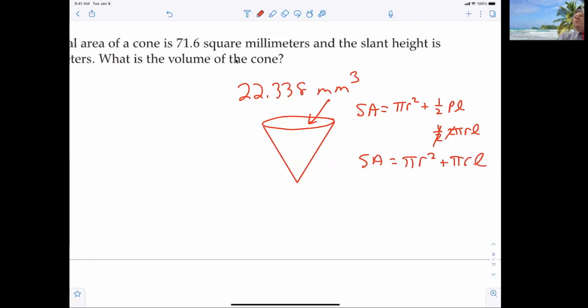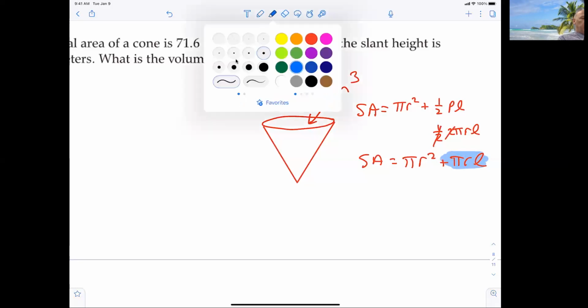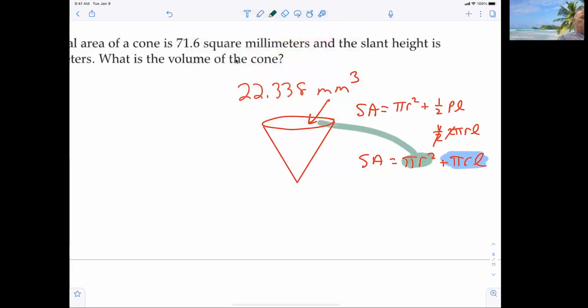So from that information, what is the formula for lateral area of a cone? Pi r L. Thank you. Because the pi r squared is the what? The pi r squared is the base area. Now, if you didn't know what lateral area was, you can Google lateral area of a cone, and it will tell you the formula.